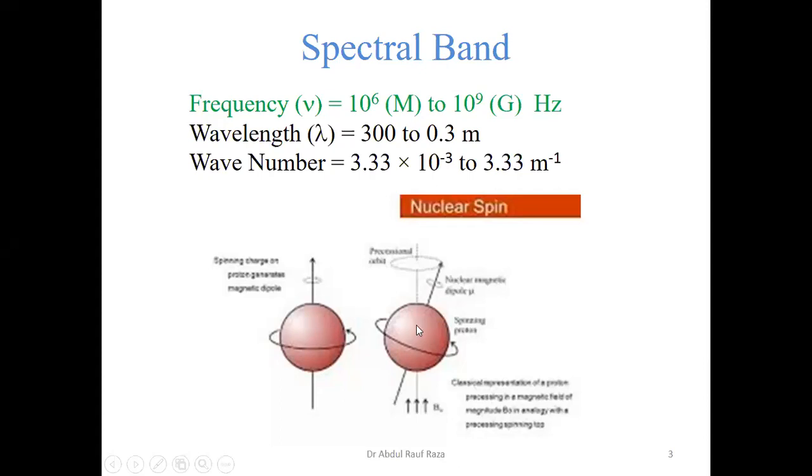But when it changes its frequency, this axis is changed and it precesses. So when it is falling, its precessional orbit is this one. It changes its axis and revolves around this. This is called a precessional orbit.